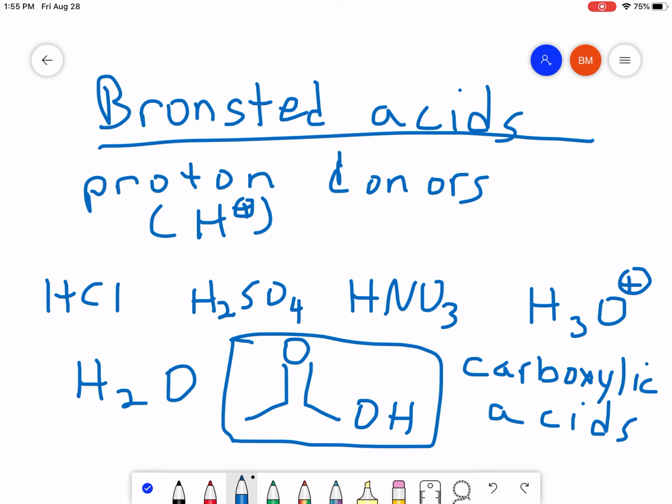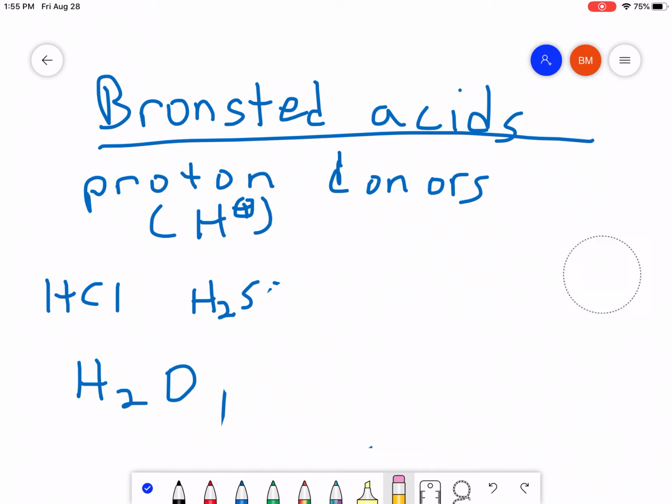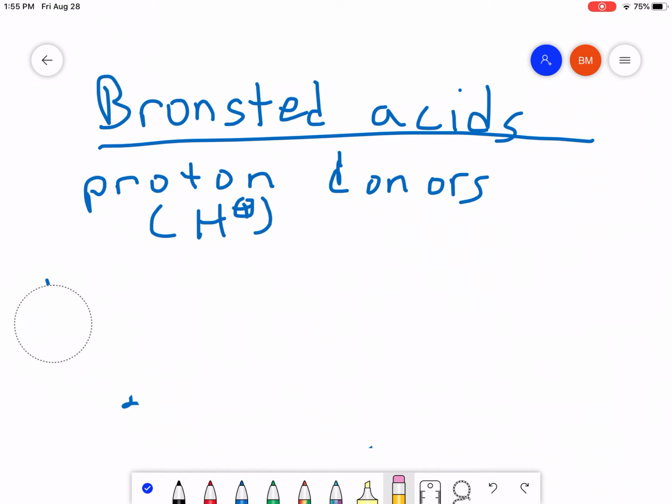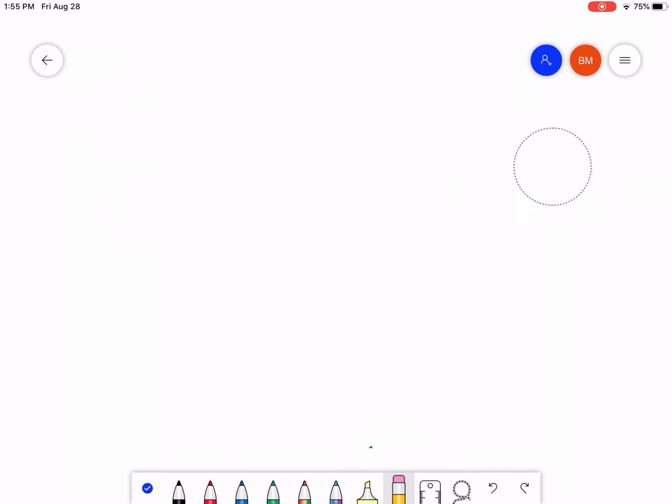There's lots of other carboxylic acids as well besides acetic acid, but they all have this structural feature in common, the one I'm circling right there. And there's oodles of other examples of Bronsted acids I could go over, but I just wanted to jog your memory a little bit and remind you of what they look like. They all have available protons that can be donated to something else.